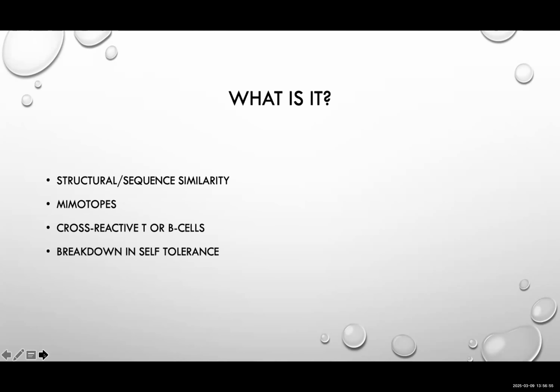So molecular mimicry: these mimotopes occur from symbiotic microbiota and pathogens. So the ones in our gut and other areas, like our skin and respiratory tract, and then invading pathogens like Epstein-Barr virus and SARS-CoV-2.